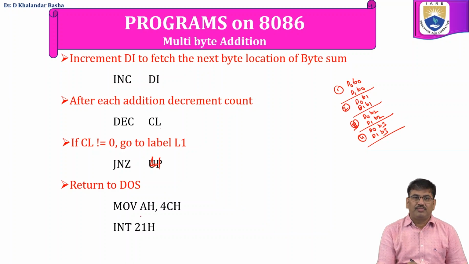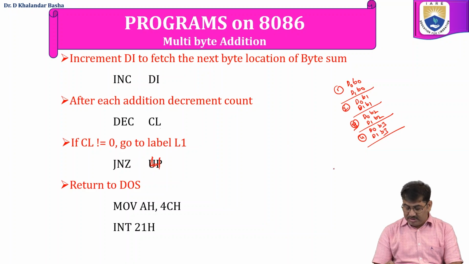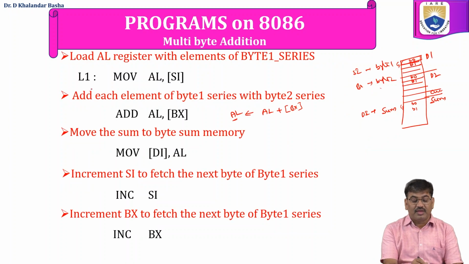Then we are going to terminate the program by raising INT 21H. Suppose the count is non-zero after the first addition, then we have to advance to the next addition. So for that we go to label 1, where label 1 is specified here, fetching the data from data 1. Similarly, second data.